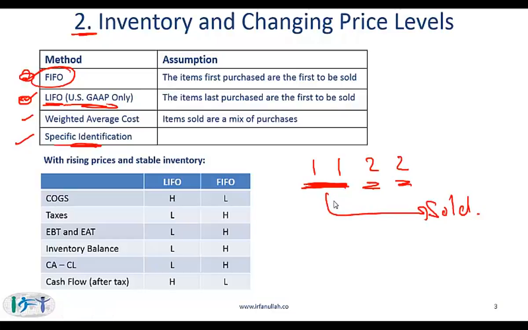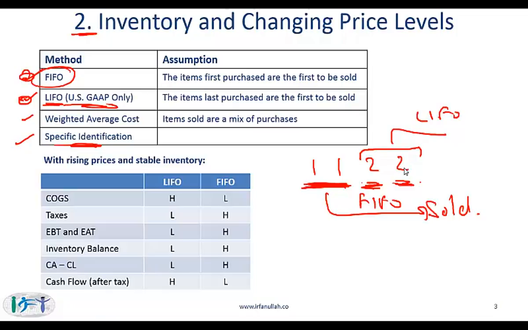If these are sold first, then what is the cost of goods sold? It is going to be 1 plus 1, which is 2. And what is the ending inventory? It is based on 2 plus 2, which is 4. So in FIFO, you are selling these first. In LIFO, you are selling the second 2 and 2 first.